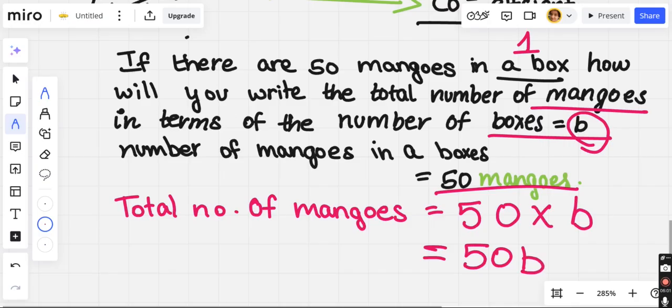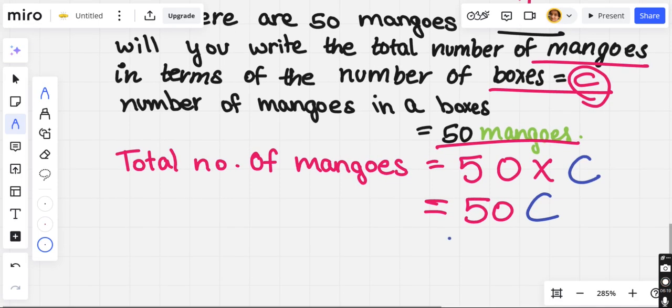Suppose I'm adding c instead of b, then I should replace b in both places with c. So 50 into c is equal to 50c. So this will go on.